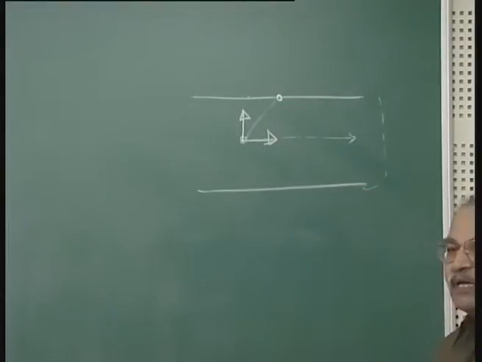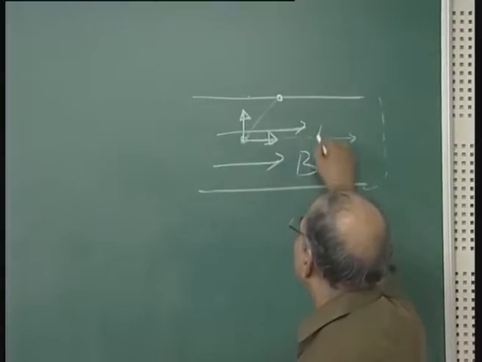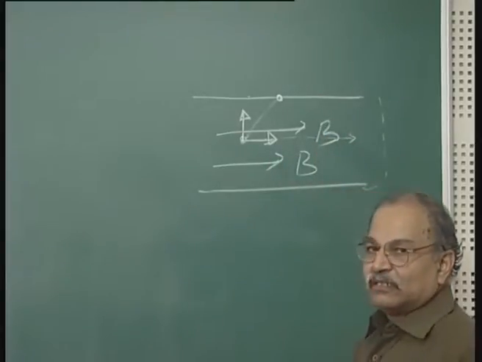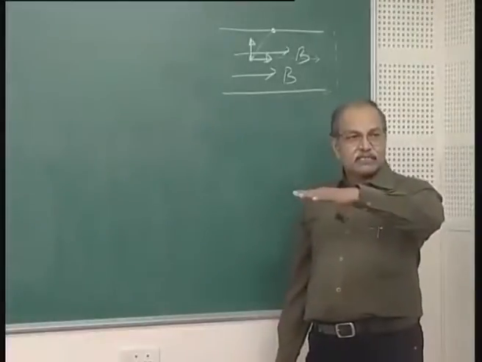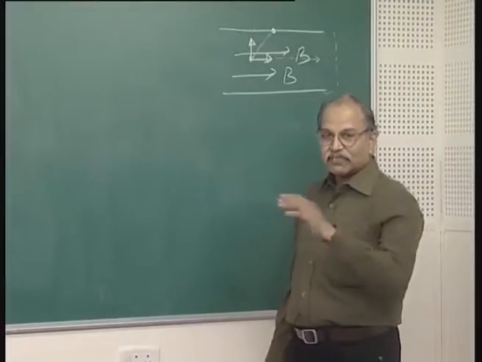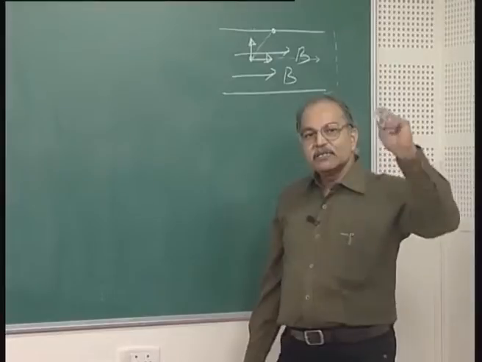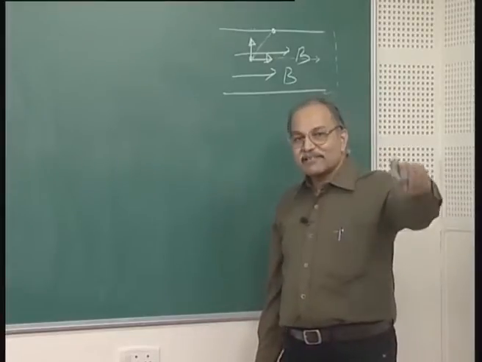Now, if I apply a magnetic field in this direction, what happens? The velocity component in the direction of the magnetic field does not change, but a component of velocity perpendicular to it goes round that magnetic field.